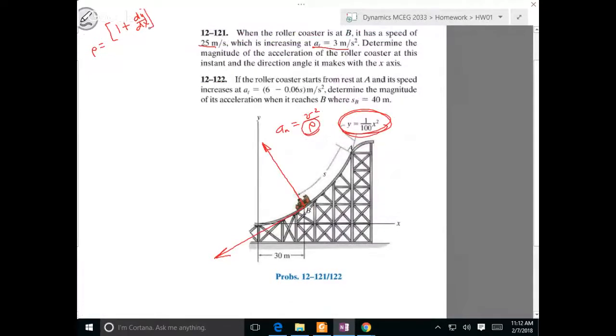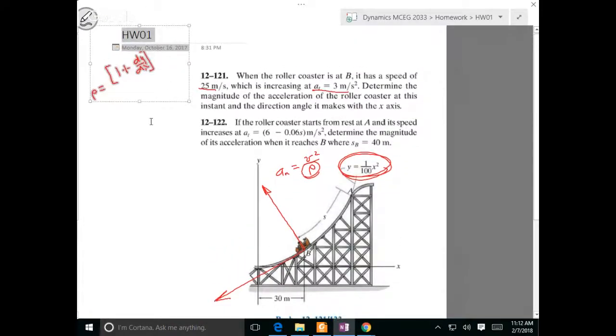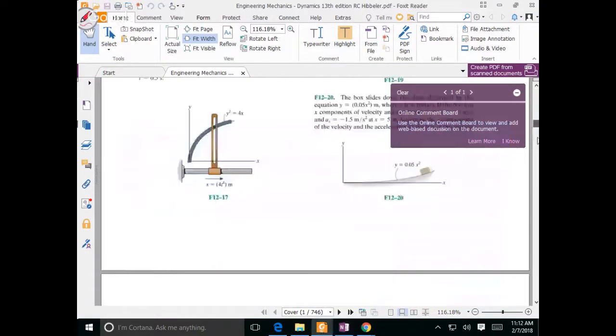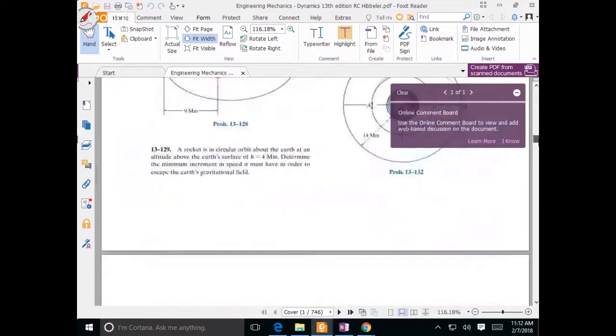Let me try this again. It's not going to let me move it. Okay, I'll just say it's the 3/2 power and then the square.